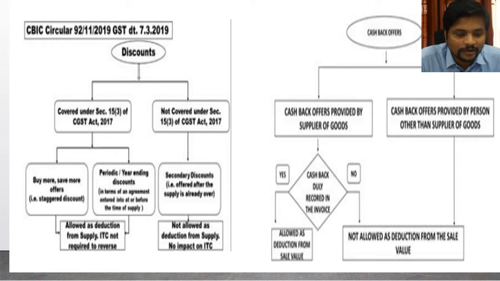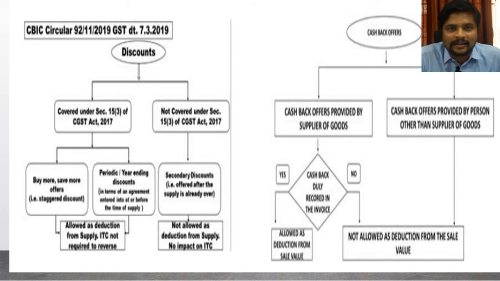But in this circular, what does it say? Buy more, save more offers or any staggered discount, that is to be covered under section 15 subsection 3, or periodic or year-ending discounts. These are all types of discounts that have to be allowed as a deduction from the supply. ITC is not required to be reversed, because these types of discounts are actually provided at the time of supply itself, whether it is a periodic discount or a year-ending discount.